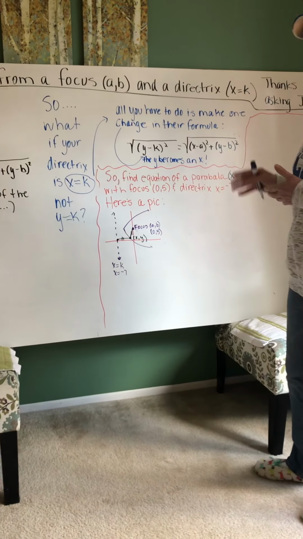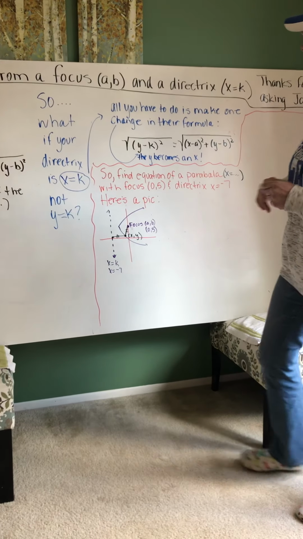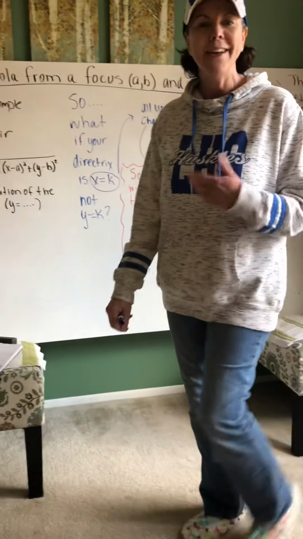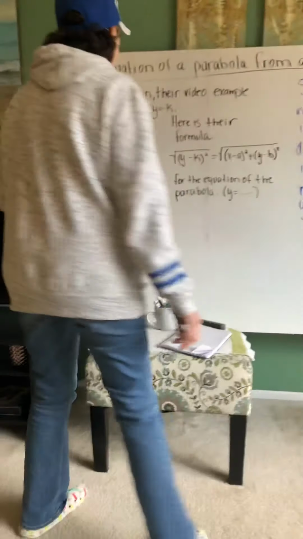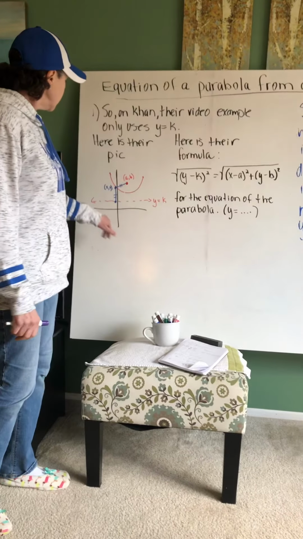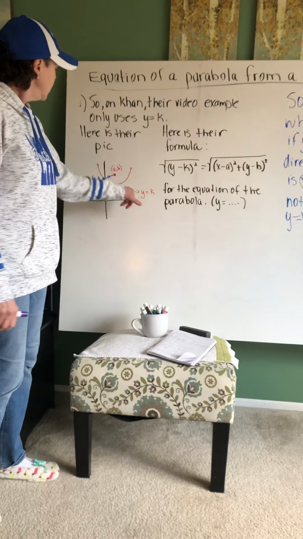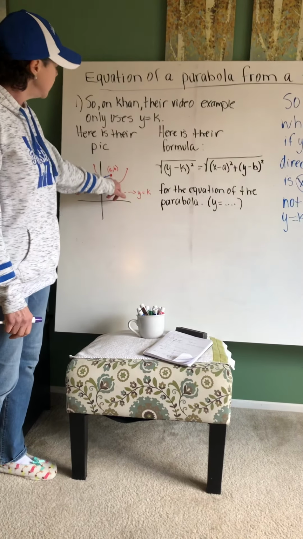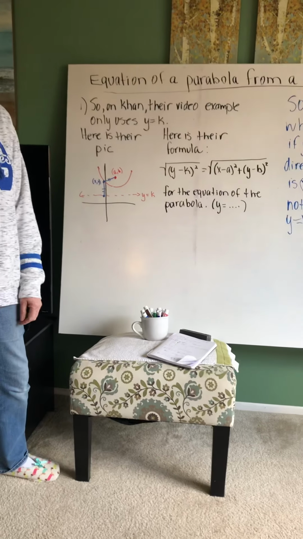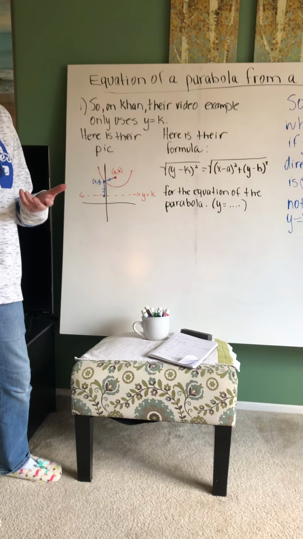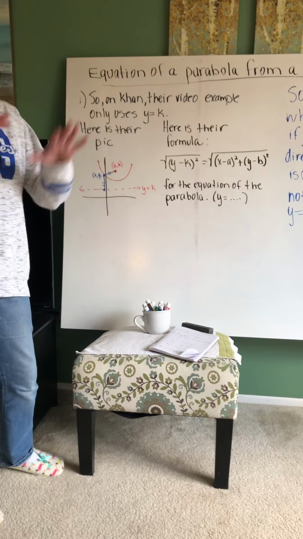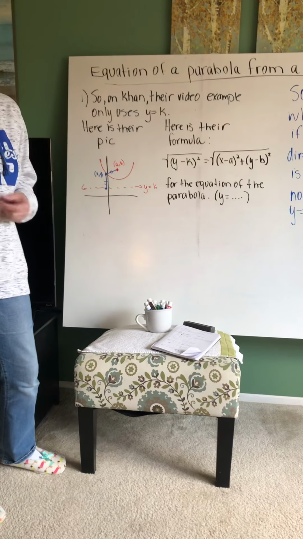They are asking you to write the equation of a parabola given this information. So here's what they had on Khan, just so you can understand it better. Here is a directrix. In this case, it's a horizontal line. And here's a focus. It's a point on the inside of a parabola. And what a parabola is, again, I wish we were at school because I kind of make you draw and do things with this.